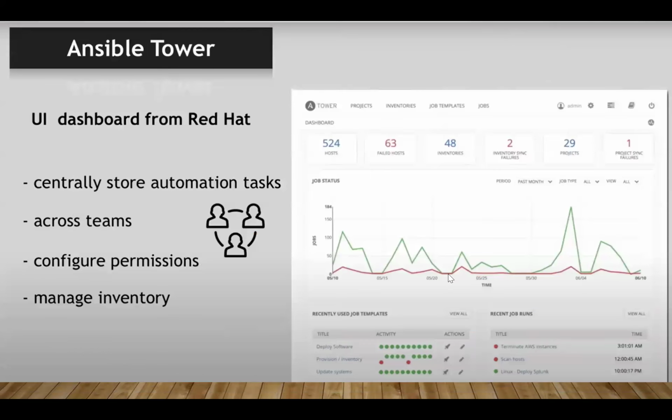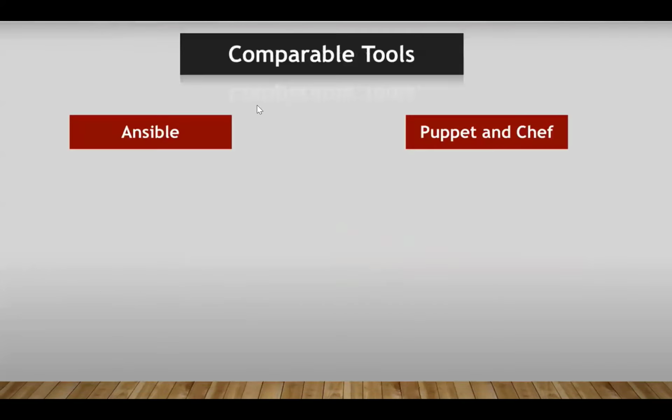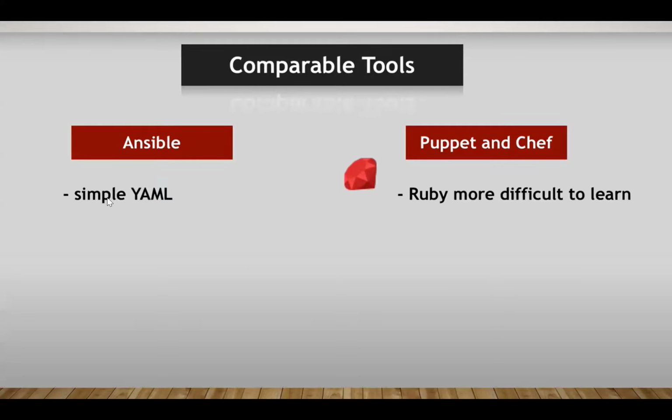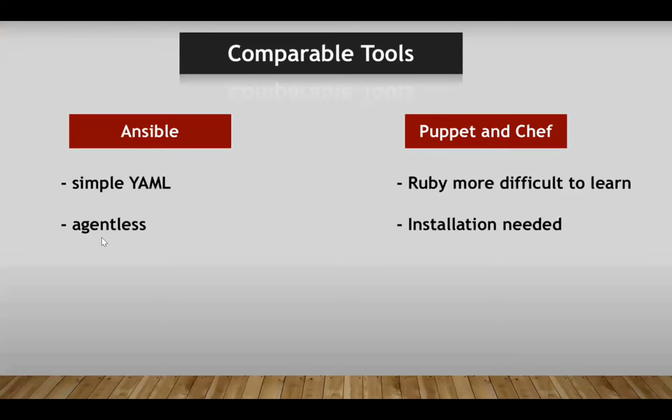Ansible Tower basically shows all the metrics. A few more tools like Ansible, Chef and Puppet, are also here, but you can see the difference. Ansible uses YAML files, but for Chef and Puppet, you need to learn Ruby. The task is given in the form of Ruby. Ansible is agentless.